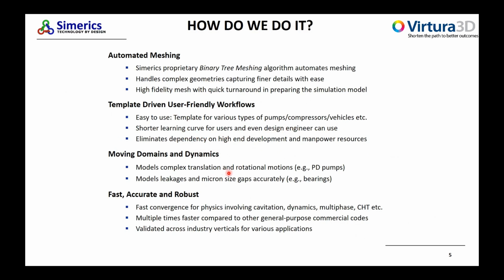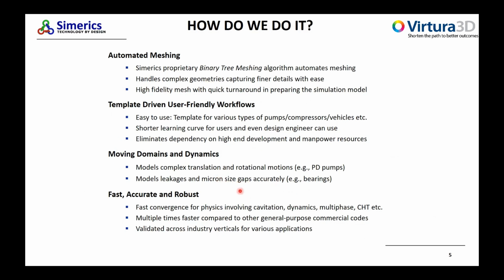So the third part of the equation is moving meshes and dynamics. I think we have shown quite a bit over the past few years that we can model complex motions, be it pumps, or nowadays bearings and electric motors, quite easily and robustly.